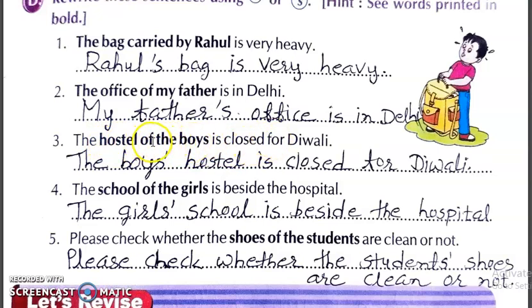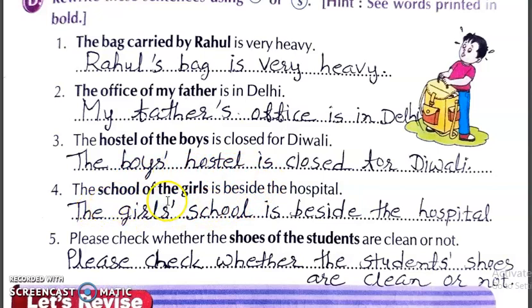Now here you read it carefully. Hostel of the boys. Here boys is written. So we have to write the boys like this and afterward we will put only the apostrophe sign. Okay. Don't forget it and don't put your apostrophe before S. So the boys' hostel is closed for Diwali.